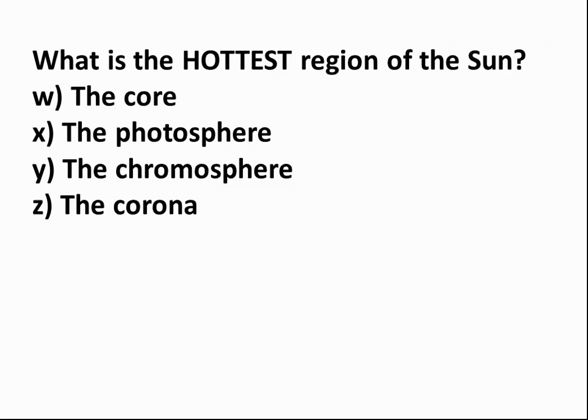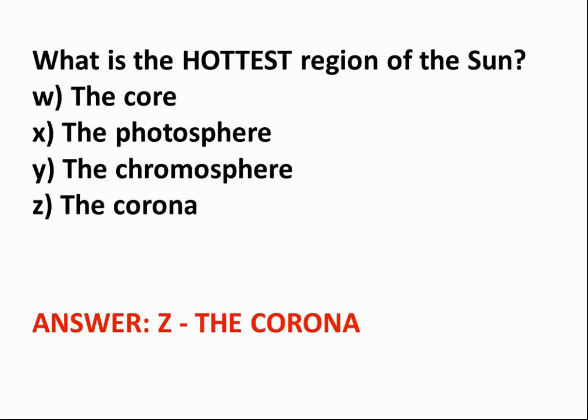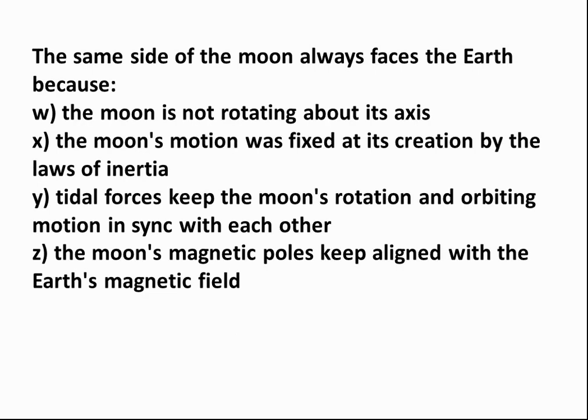What is the hottest region of the Sun? W. The core. X. The photosphere. Y. The chromosphere. Z. The corona. Answer: Z. The corona. The same side of the Moon always faces the Earth because W. The Moon is not rotating about its axis.